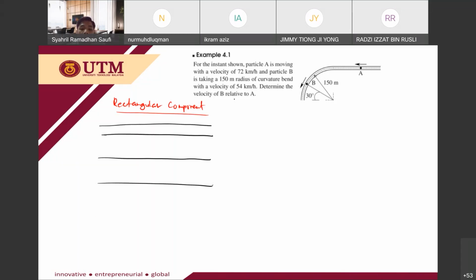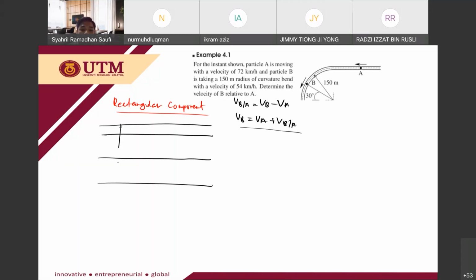You know that VB slash A is equal to VB minus VA, and then rearrange the equation: VB is equal to VA plus VB slash A. Then you put the information according to this equation.